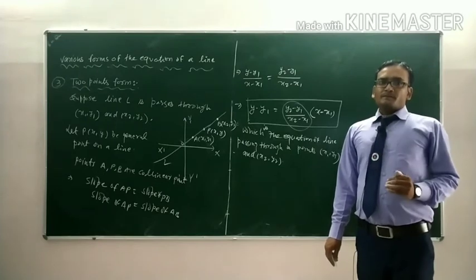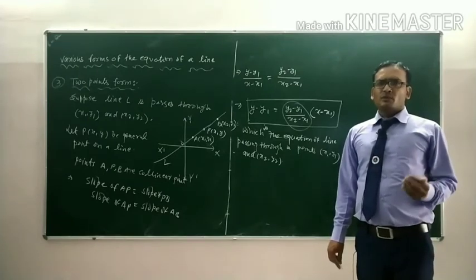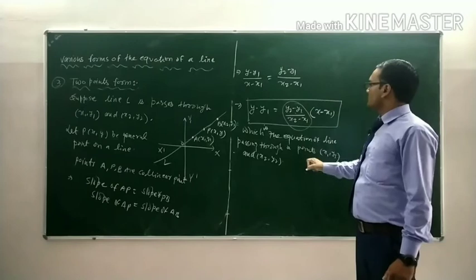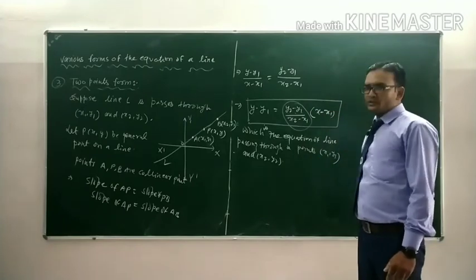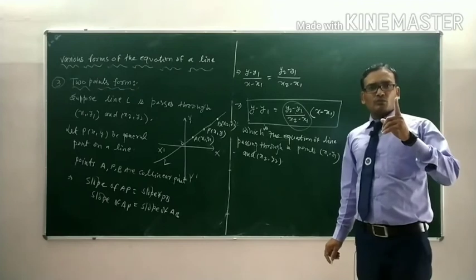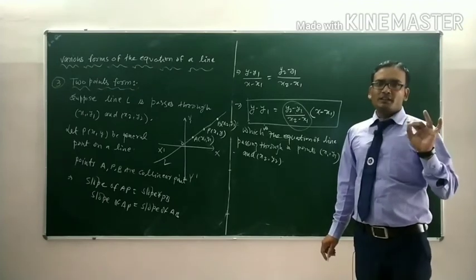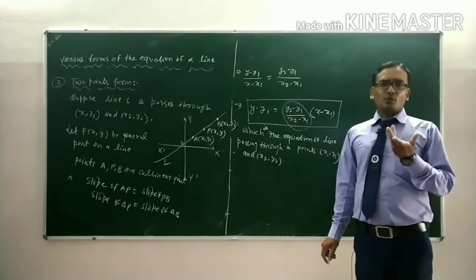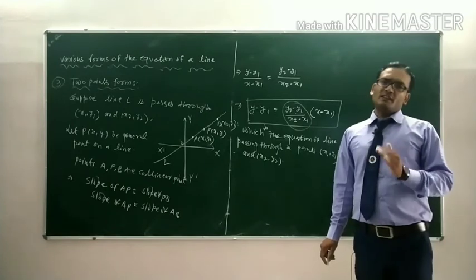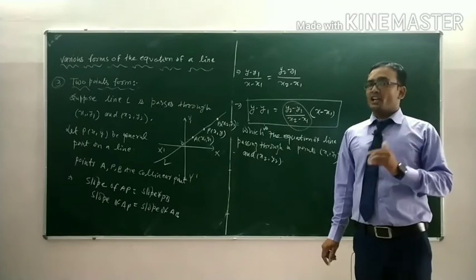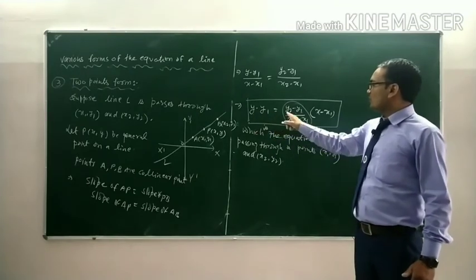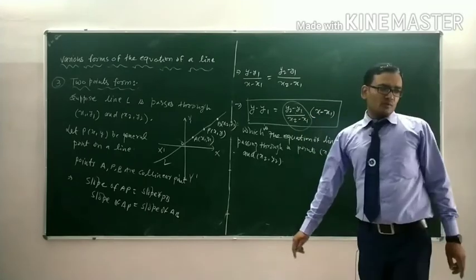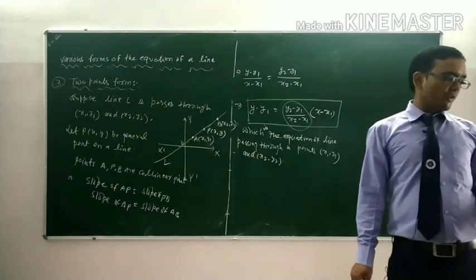Okay students, in the slope point form we write only m: y minus y0 is equal to m into x minus x0, for a line passing through one point x0 comma y0 with the slope m. Here the line passes through the two points x1 comma y1 and x2 comma y2, so the equation of the line is y minus y1 equal to y2 minus y1 upon x2 minus x1 into x minus x1. We solve the questions related to this formula.